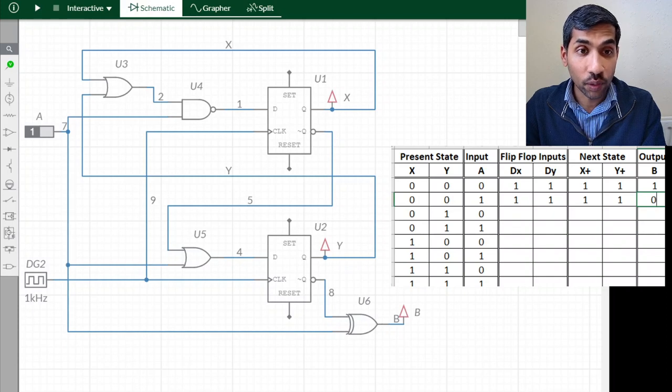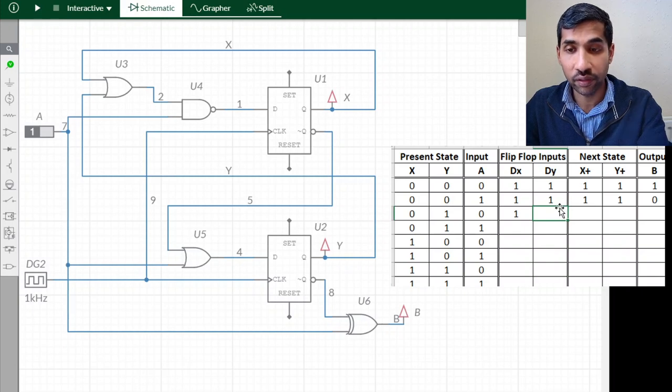So 0, 1, you get a 1 here, 1 and a is 0, so you get 0, and because this is a NAND, you get a 1 here. So you get dx equal to 1, and what about dy? dy is x bar, which is going to take what value? X is 0, so x bar is going to take the value 1, and a is 0, so here we are going to get 0.